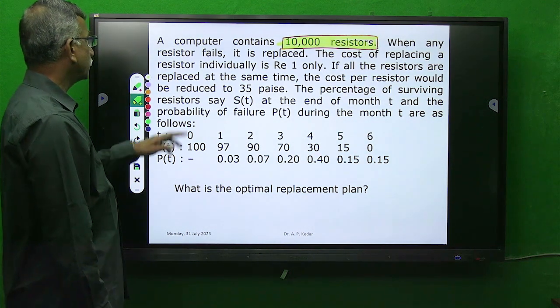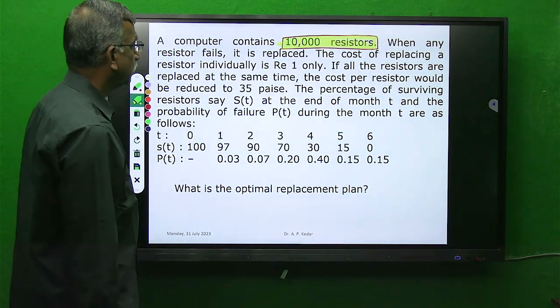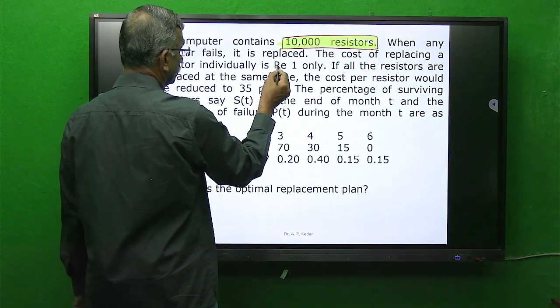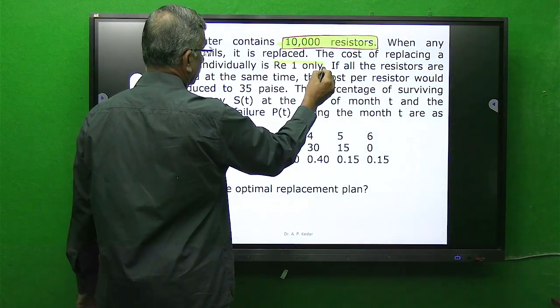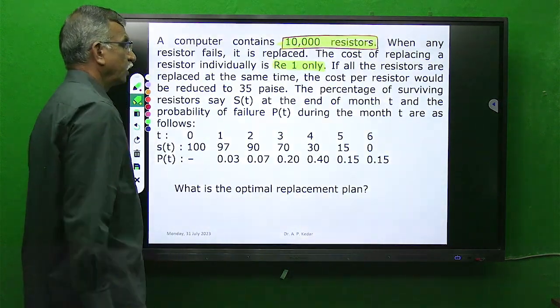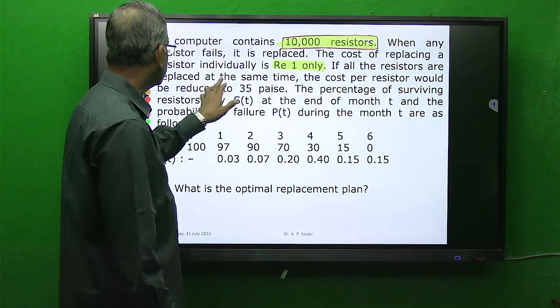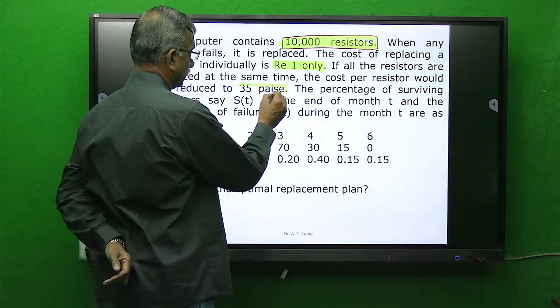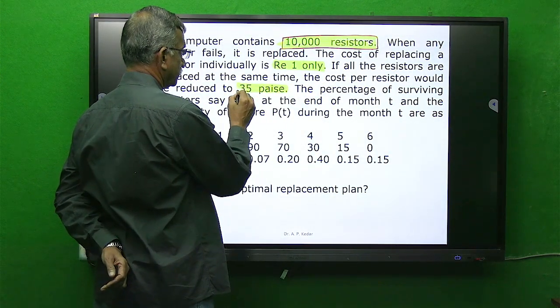When any register fails, it is replaced. The cost of replacing a register individually is rupees 1 only. If all registers are replaced at the same time, the cost per register would be reduced to, so you can see the difference.